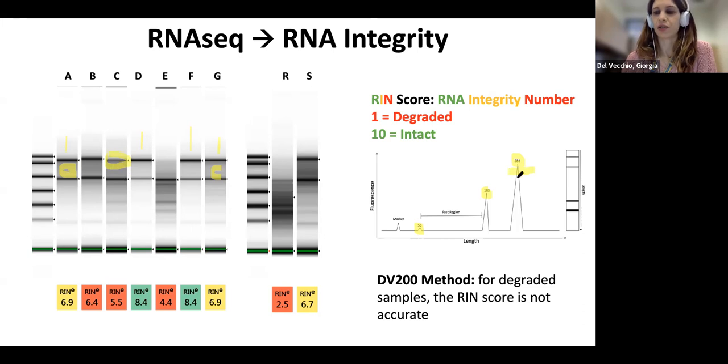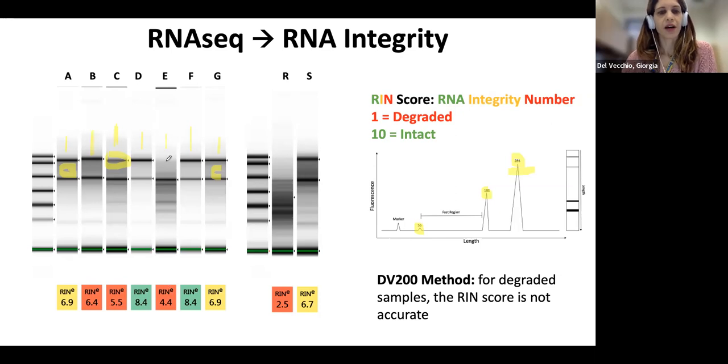As I told you, the area under the peak in the 28S should be bigger, so this band should be darker. Here it is light. That means that in this sample you have more degradation when compared to the 6.4, for example, or the 6.9.